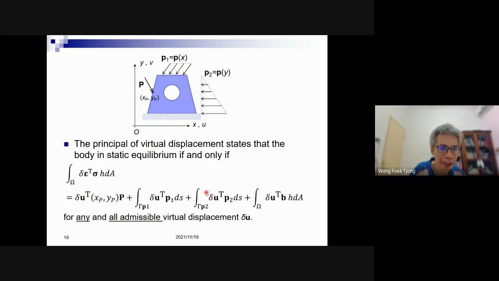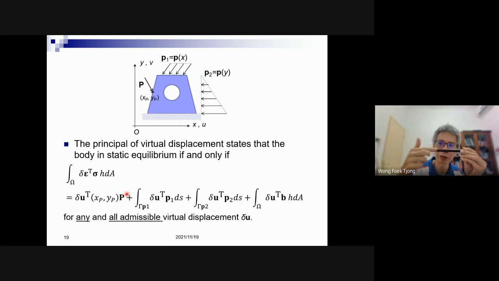However, if I can choose only one that makes this incorrect, it means your solution is not an exact solution to the problem, right? This principle is kind of checking. You propose a solution sigma, I check. Just like this. Is this balanced? I check, just move a little bit.